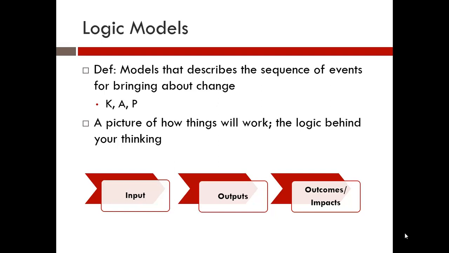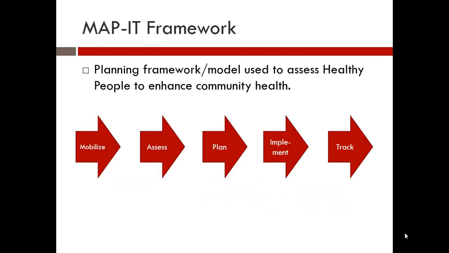And again, to get a better idea of what logic models are, you could just go online and find a lot of information. There's a lot of resources out there. And again, logic models are just one example that you can have. A logic model is just a picture of how you think things are going to work in terms of what you put in, what you get out of it, as well as the outcomes and the impacts.